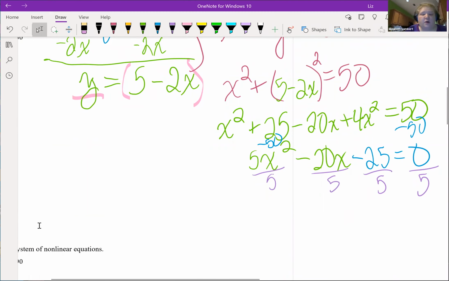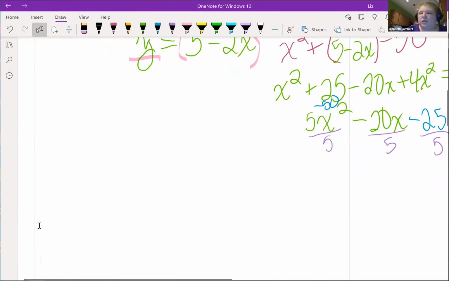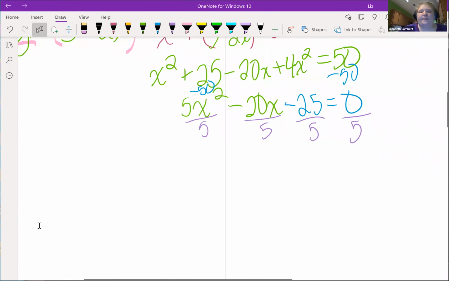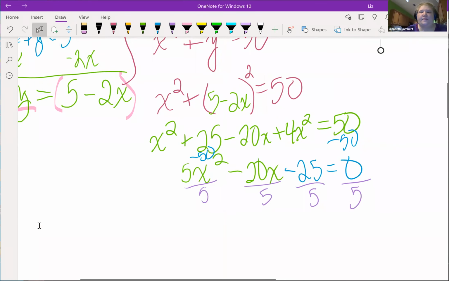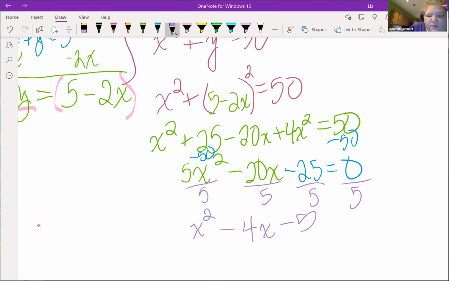And I will need far more room because I write too big. All right. So this is now x squared minus 4x minus 5 equal to 0. And that is a lot more straightforward to factor.